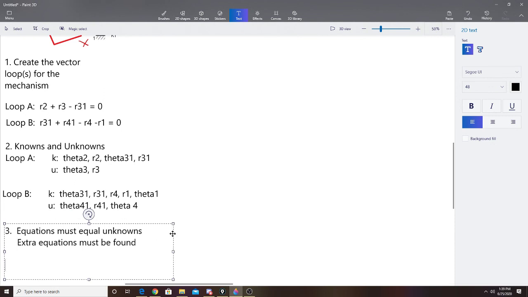So our extra equation, do you guys have any ideas how we could come about an extra equation for this picture? Well, once I get up there.